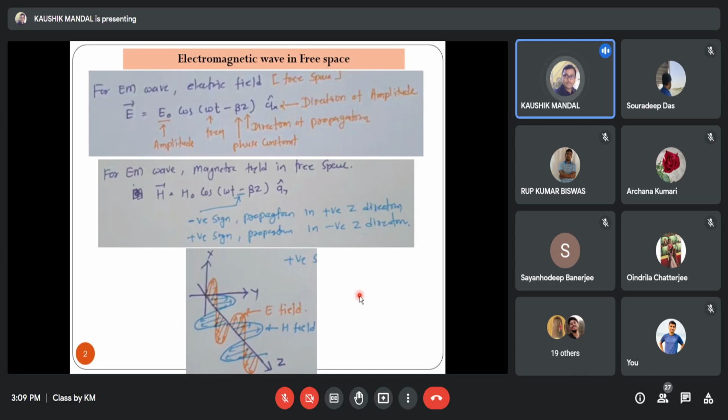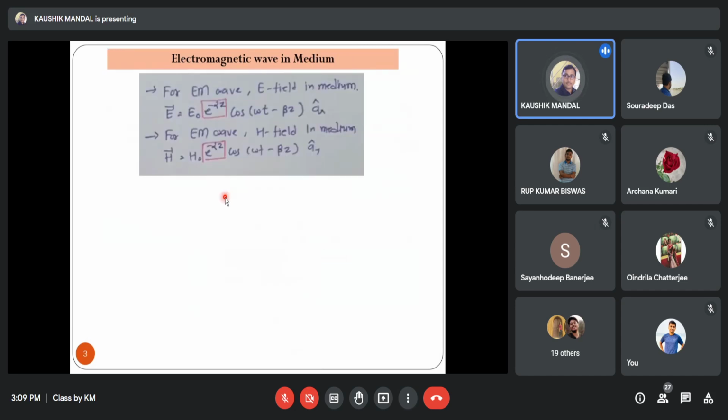There is no loss, there is no attenuation. We can represent the equation in that way. But if we consider wave propagation in some medium, then we have to consider the effect of the medium, and in that case we have to include the attenuation factor, that is the term e to the power minus alpha z, where alpha is the attenuation constant.